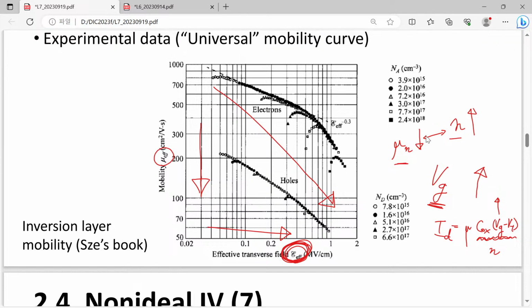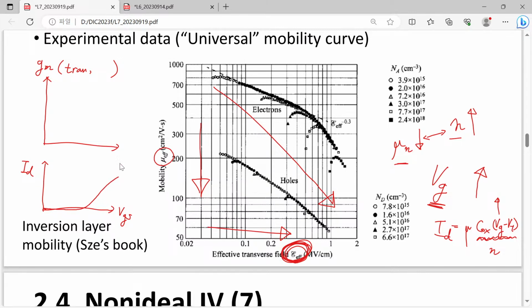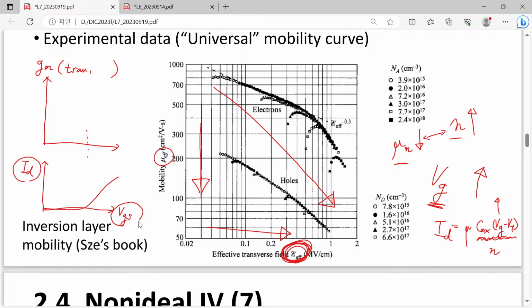That's the reason why, although we are not that interested in it in this digital course, when we calculate the quantity called GM, the transconductance of our transistor, then although we have an ever increasing drain current when we increase gate voltage, when we take the first derivative of our drain current with respect to the gate voltage, the figure looks like this one.